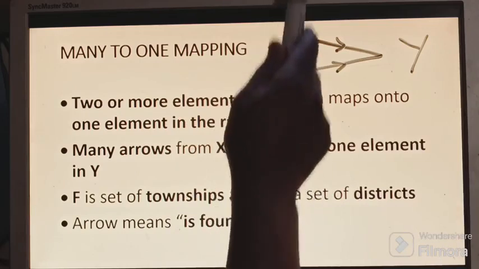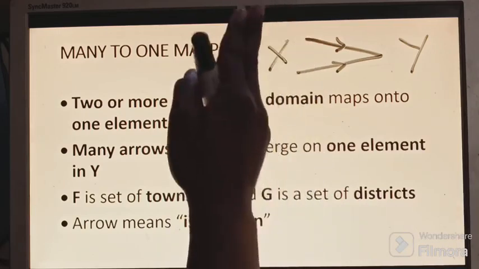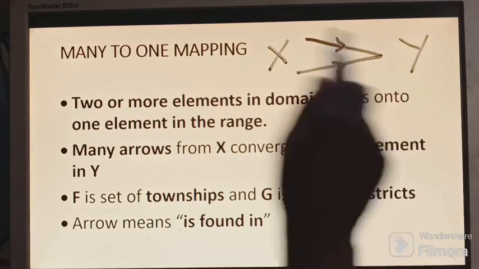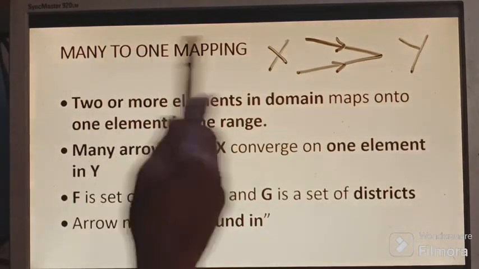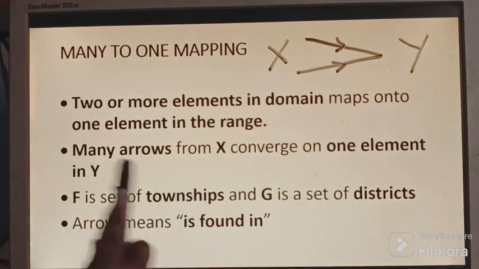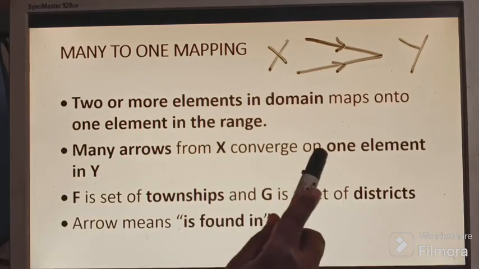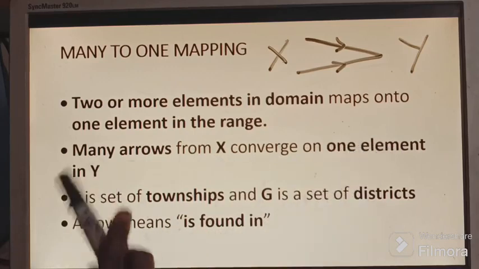So it means many arrows that converge on one element y. So many to one. What are we saying? We're saying many arrows from x, our domain, converge on one element in y.